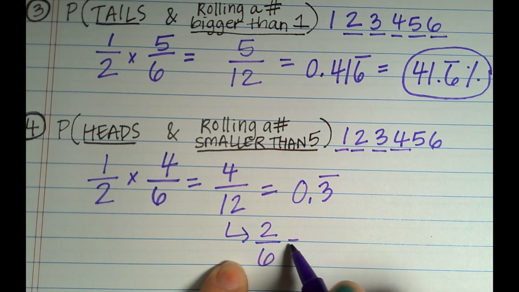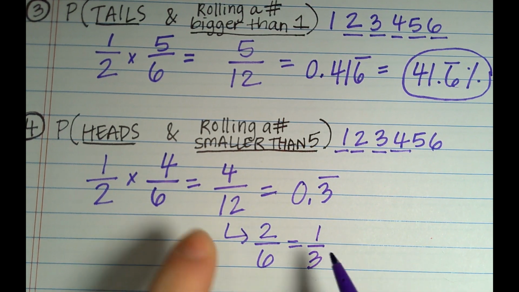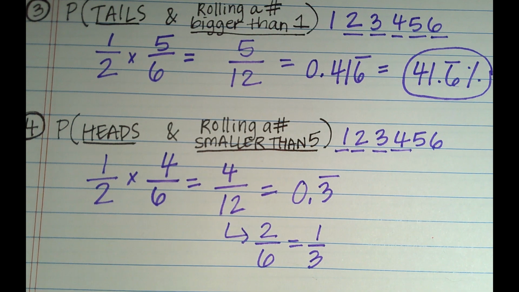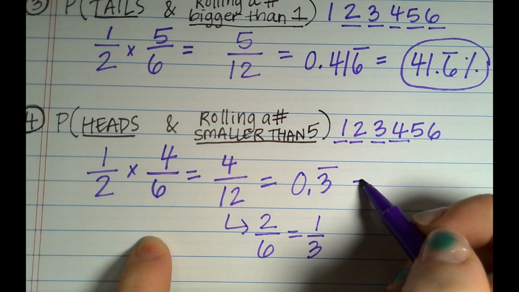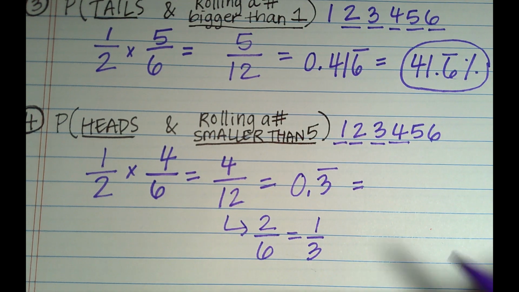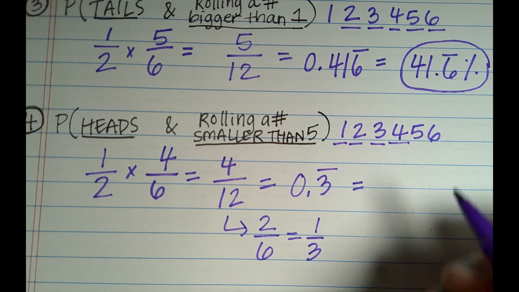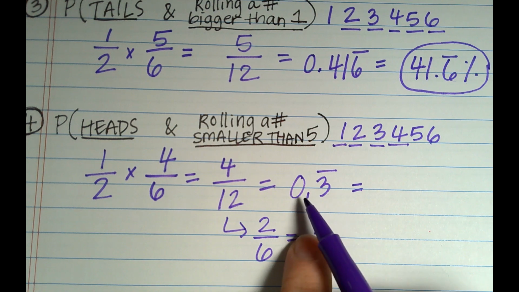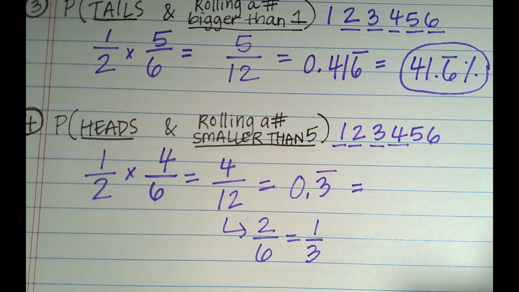Yeah. So you could get 2/6 by dividing by 2, divide by 2 again, you could get 1/3. This step is not necessary, but sometimes when you do simplify your fraction, it makes it a little bit easier to do the math later. So good to know. That's also correct. What would our percentage be? Almost. 33%. This one is weird because we're only given one space, but because it's repeating, would 30% be correct?